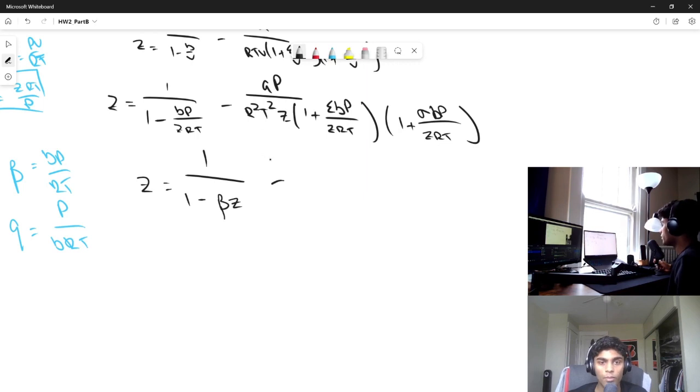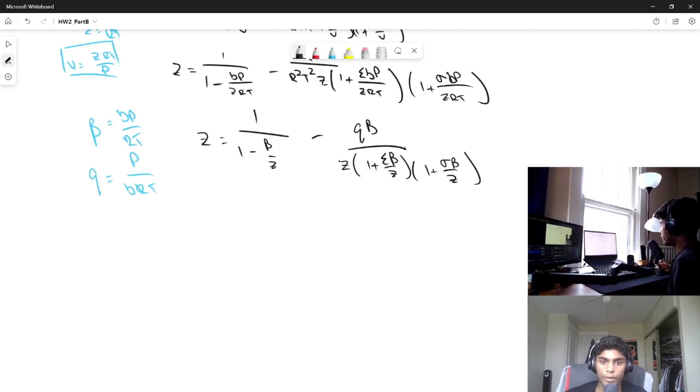So what we end up with is this Q beta over Z times 1 plus, remember, BP over RT. So it's going to be our epsilon beta over Z. And then 1 plus sigma beta over Z.